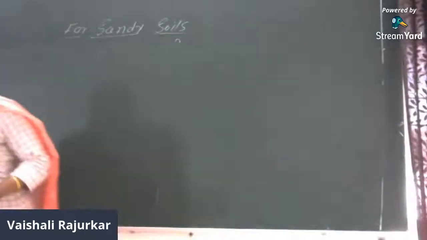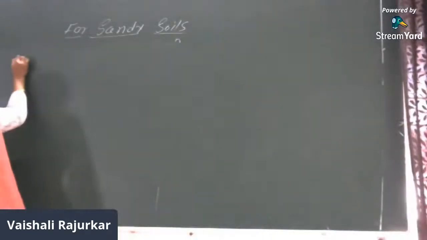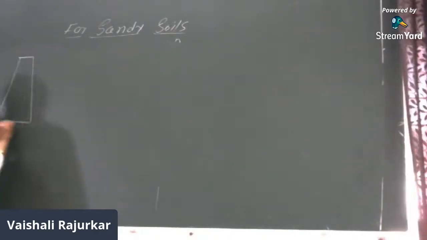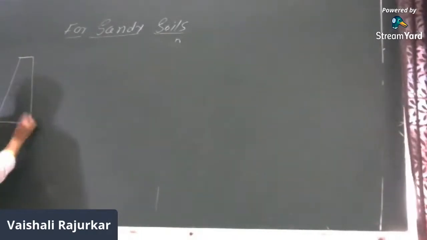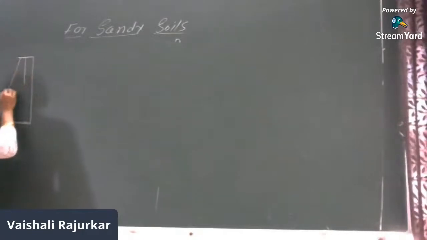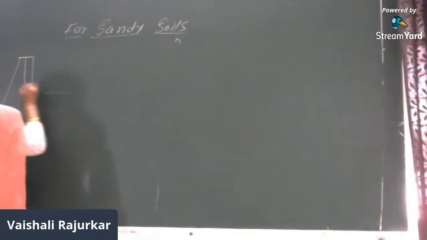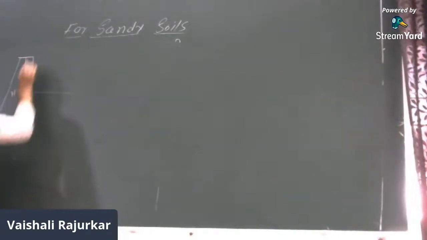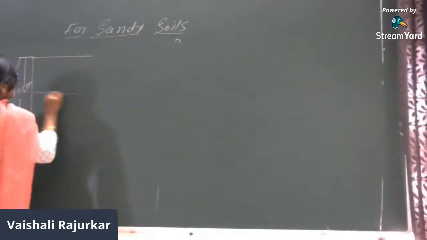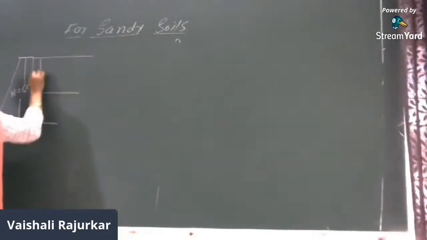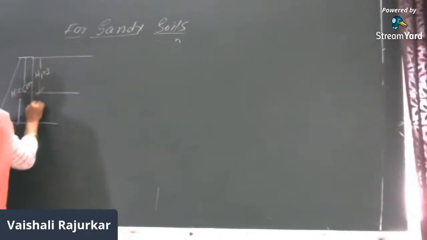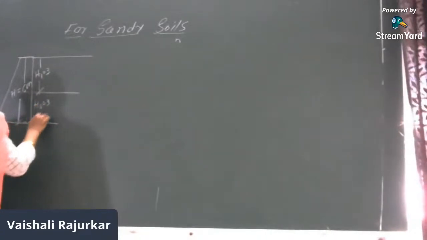So again, here, this H is equal to 6 meters. Then there are two layers. So first H1 is 3 meters and H2 is 3 meters.